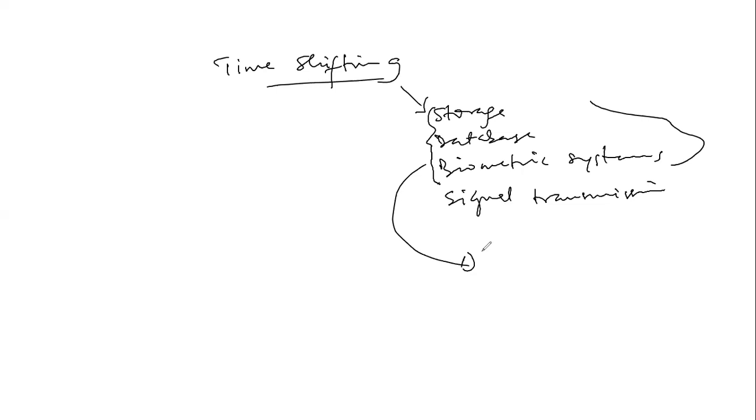So there's some level of delay. So when we talk about all of this storage, we talk about time advance. Now, when we talk about our real-time communication system, we talk about time delay.